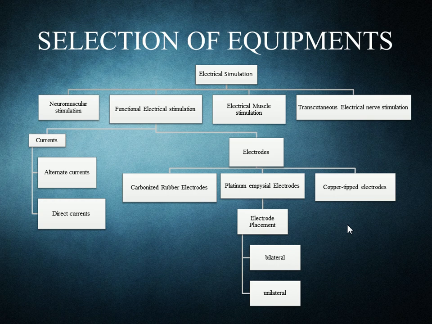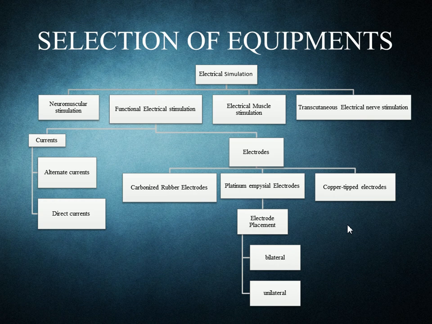For that we have many types of techniques, like neuromuscular stimulation technique, functional stimulation technique, electrical stimulation technique, and transcutaneous nerve stimulation technique. From that, for implementing the implantable device, I am using the functional electrical stimulation technique, where it produces electrical currents and makes the inactive nerves function.